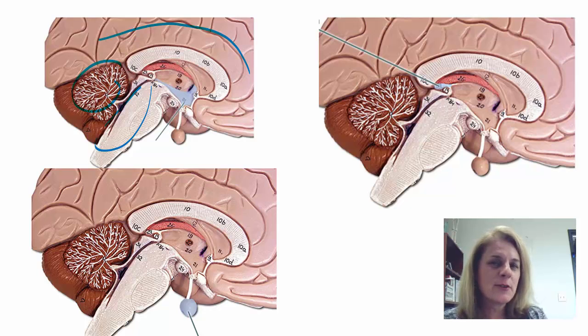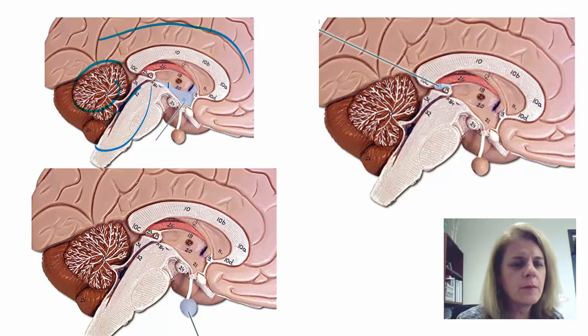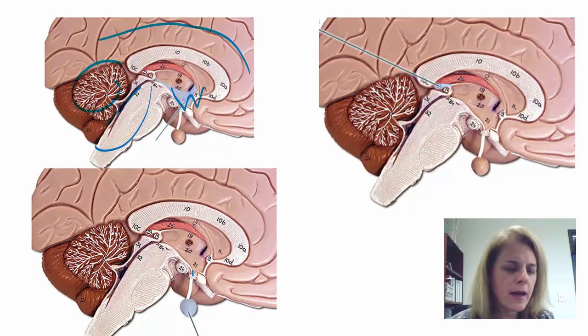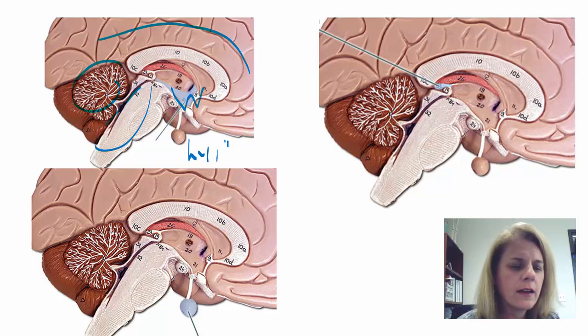Okay, so the three endocrine organs, the things that make hormones that are found in the brain: the hypothalamus, which is this W-shaped structure. So you have your hypothalamus, and then it's connected by a stalk known as an infundibulum.